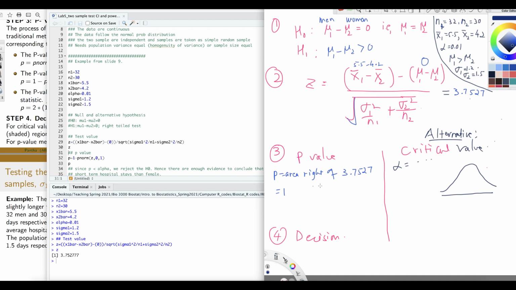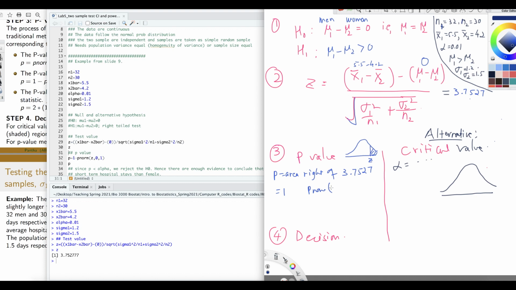Why? Because for the right tail test, you want to find out the area right of that test value G. But P norm always finds out the area left of that Z value.